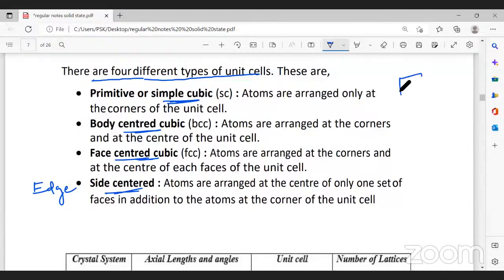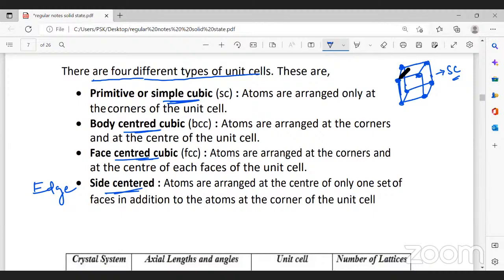In case of a simple cube, the particles will be present only at the corners of the cube. Whenever the particles are present only at the corners of the cube, those kinds of unit cells are called simple cubic.